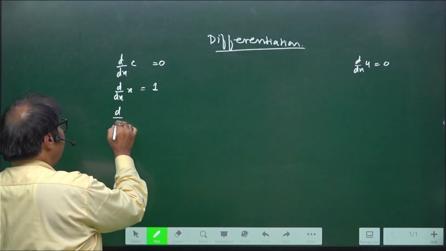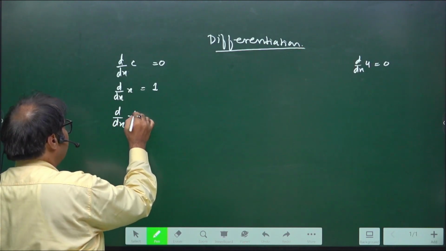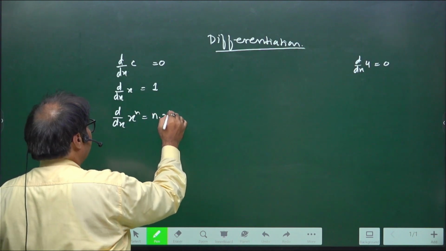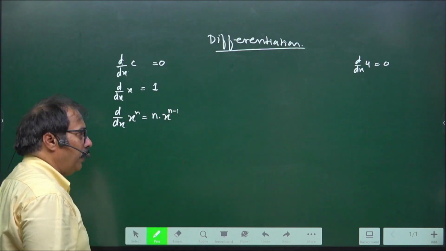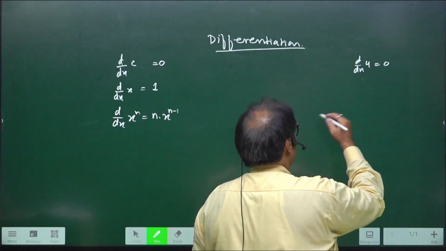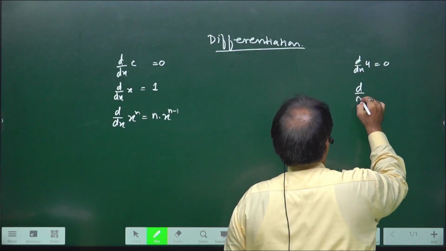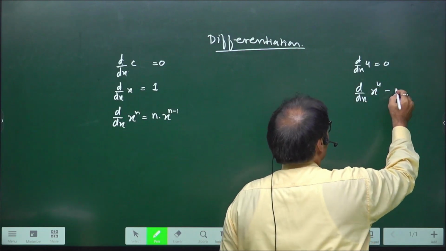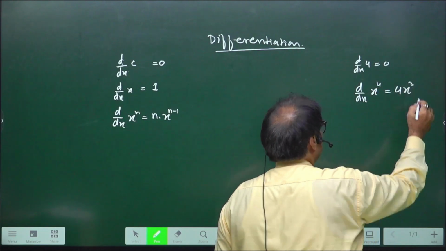And d by dx of x raised to the power n is n times x to the power n minus 1. By applying this formula, the question is to find the derivative of x to the power 4. We will write 4 into x to the power 3.